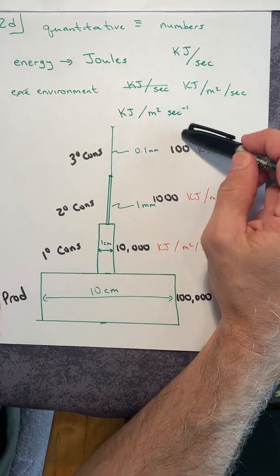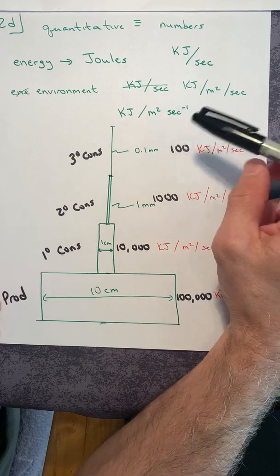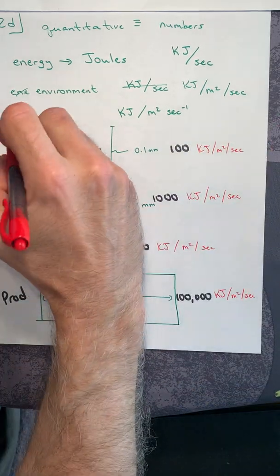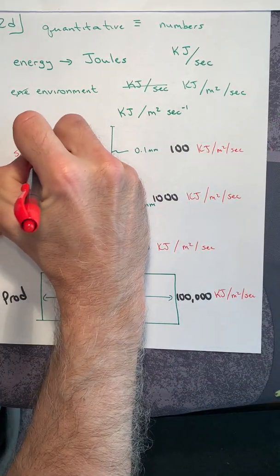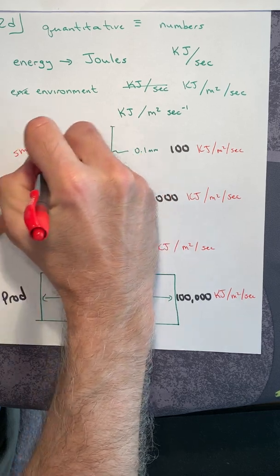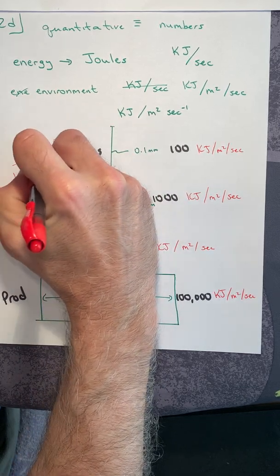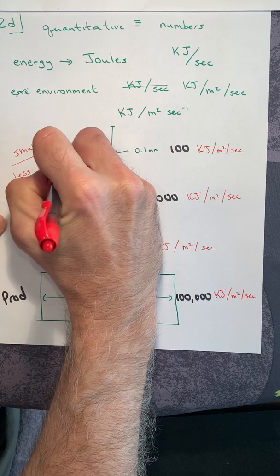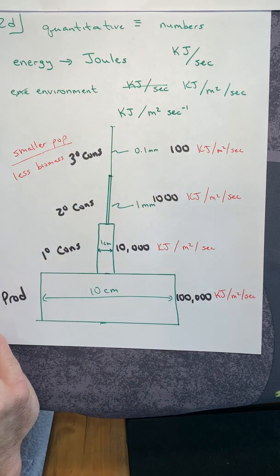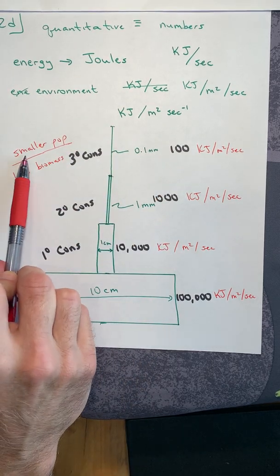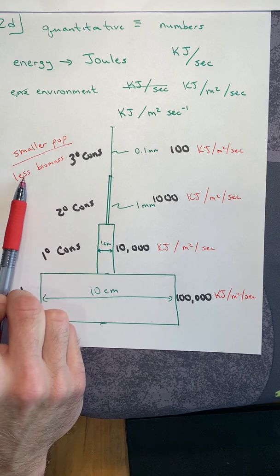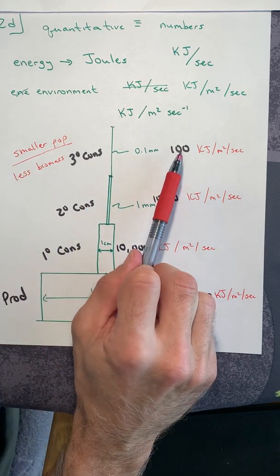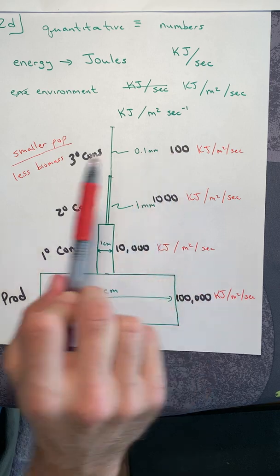So this is why your population at the top is small. You have a smaller population here. You have less biomass. Why? It's obvious. You have a smaller population, you have less biomass because they have access to less energy.